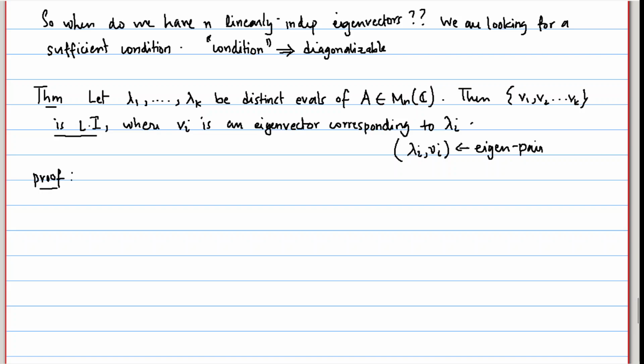So assume otherwise. Suppose that this set V1, V2 up to Vk is linearly dependent. What does that mean?